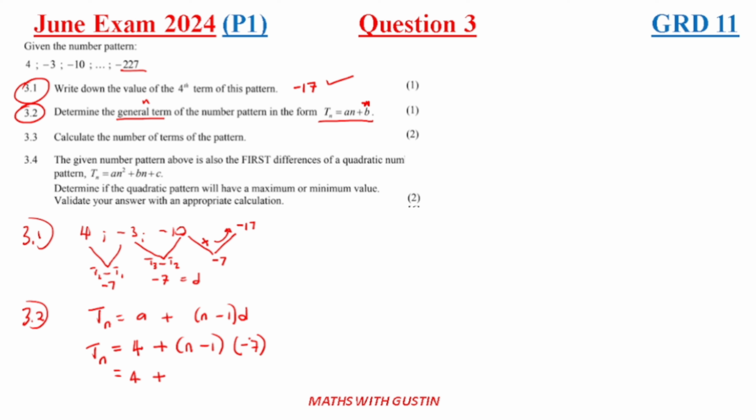Then when you remove this bracket, -7 multiplied by n is going to be -7n there, and then -7 multiplied by -1 gives plus 7 there. So our answer will be -7n, and 4 plus 7 is going to give us 11.